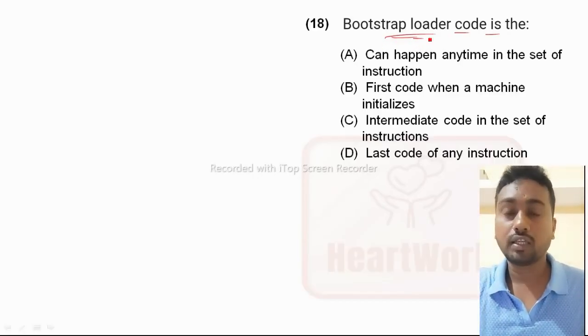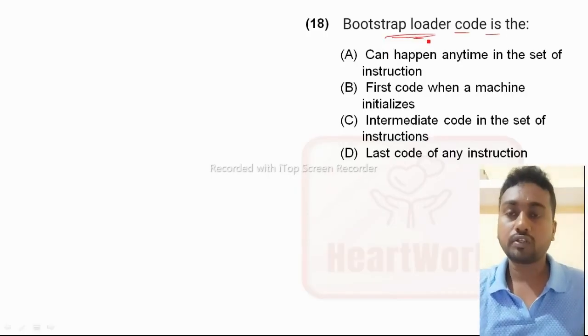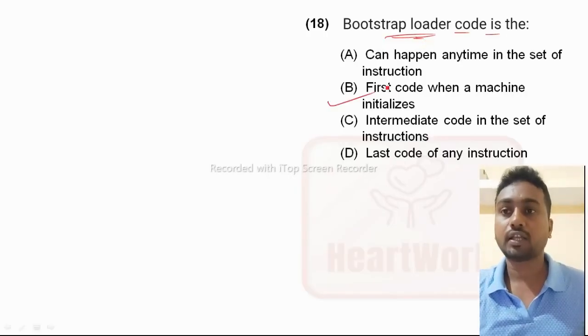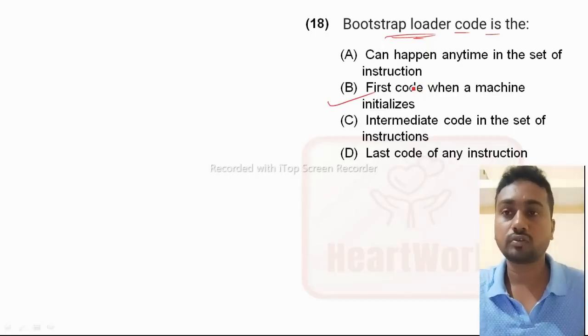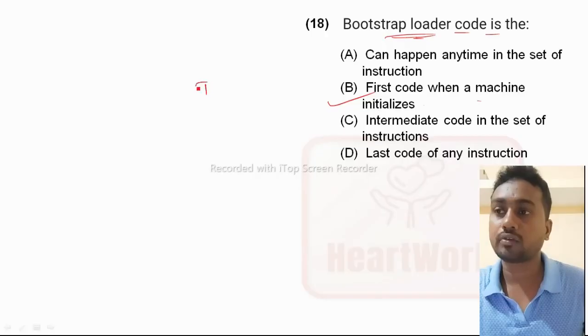It is used in EPROM or PROM, meaning non-volatile memory, and it is the first code used when the machine is initialized. It is used first in BIOS. BIOS means basic input output system.